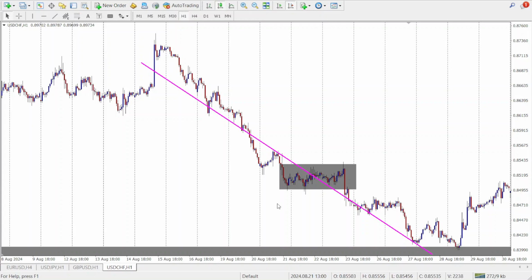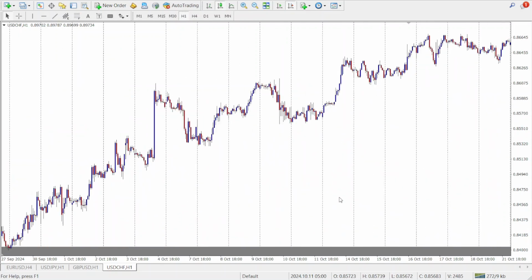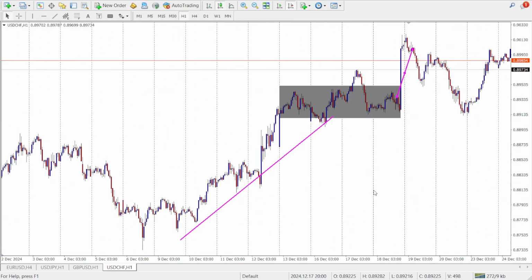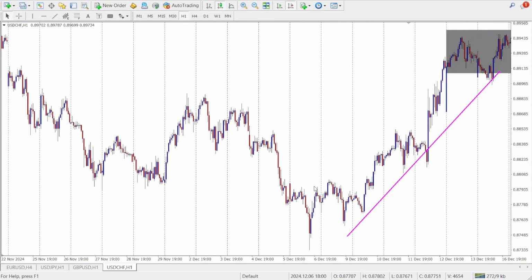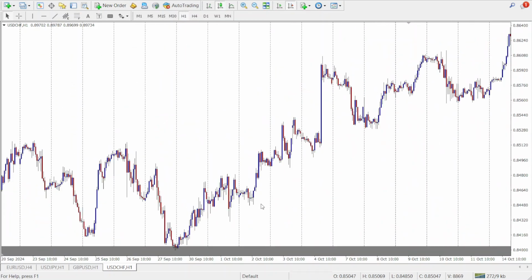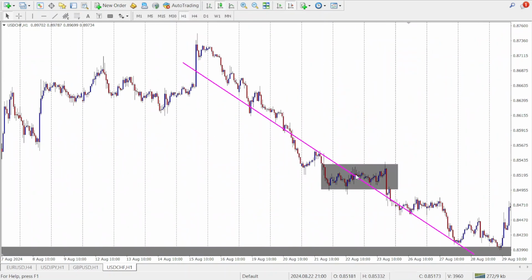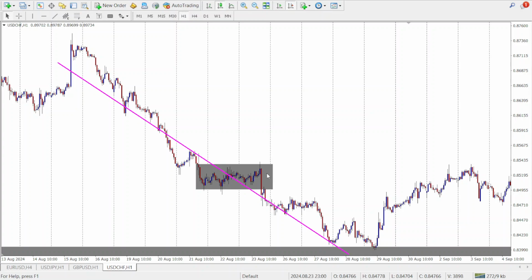So, for example, if price hits a demand zone in an uptrend and you see a strong bullish candle closing above the zone, that's your signal to enter. On the flip side, if price hits a supply zone in a downtrend, and you get a bearish candle rejection, that's a signal to look for short opportunities.